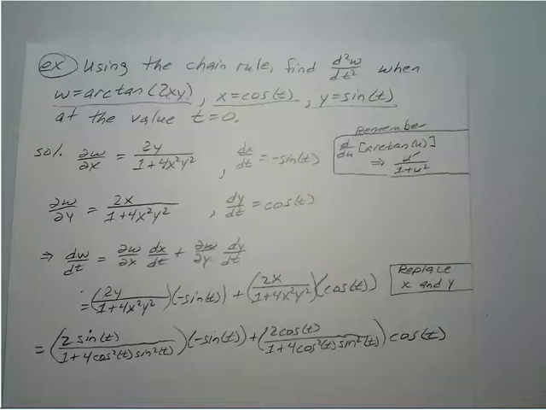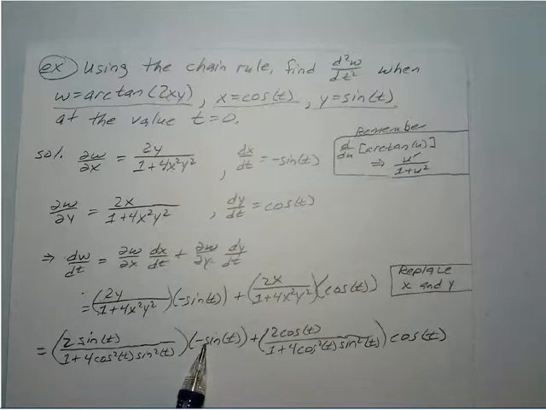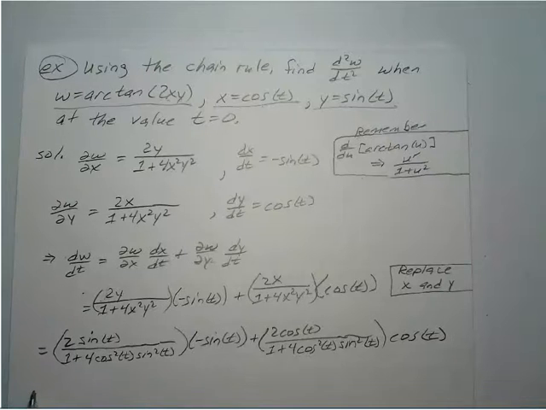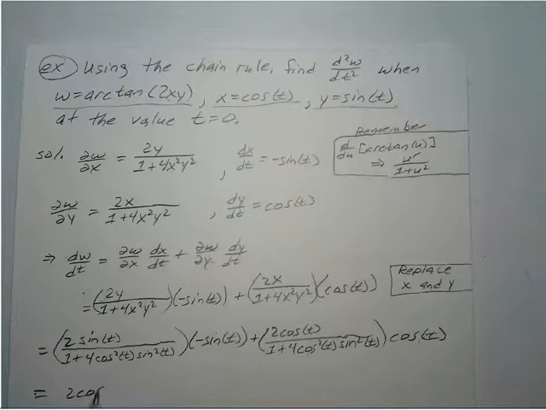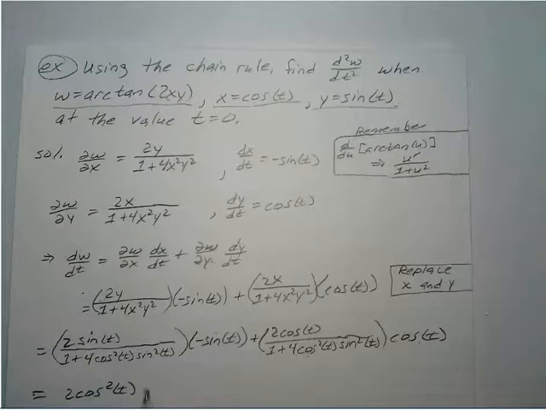Okay. So, since we're going to have a negative sine squared and a positive cosine squared, I'm just going to move this one up to the front. So we have 2 cosine squared t minus 2 sine squared t.